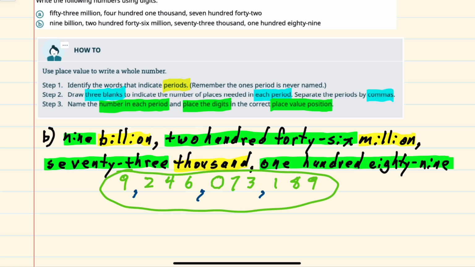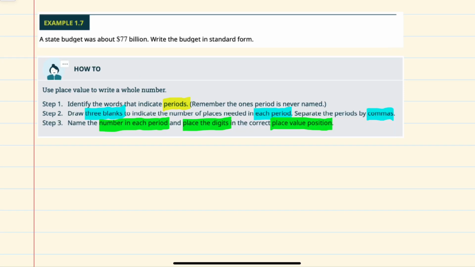And we'll follow these same instructions for the next example, which says that a state budget was about 77 billion, and we're asked to write that budget in standard form. We have billion as the only period, so 3 spaces for the billions, but we have to include the smaller periods of million, thousand, and ones. So we've done step 1 and step 2.